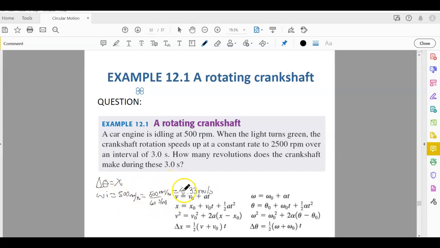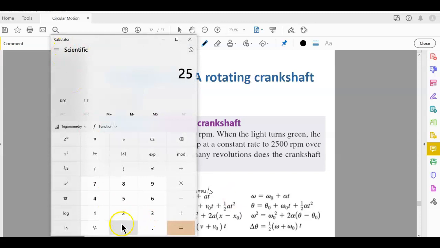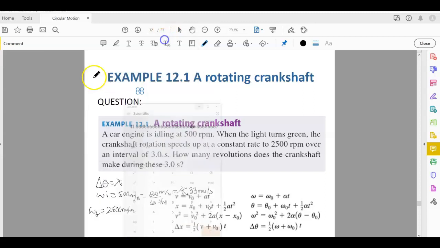So convert everything to the base units in seconds. If they give it to you in minutes, omega final, they give it to you at 2,500 revolutions per minute, and that's just going to be 2,500 divided by 60. So that's going to be 41.67 revolutions per second. Let's go ahead and erase this.